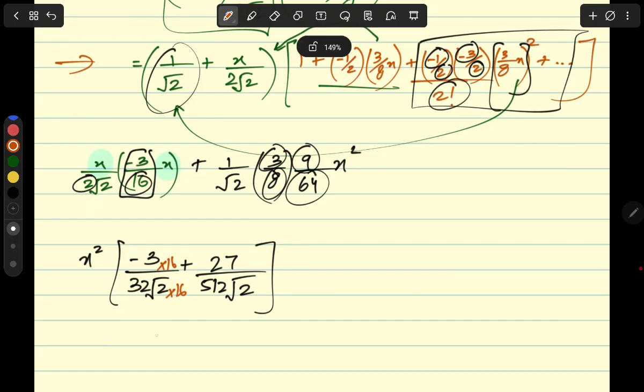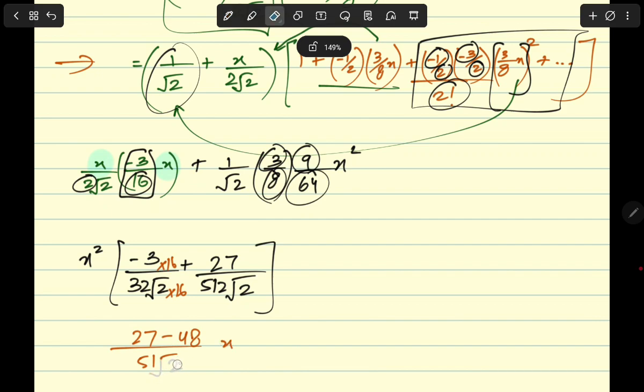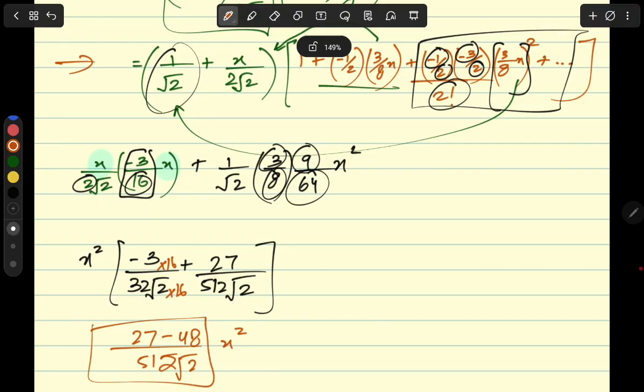So this is going to give me 27 minus 48 over 512 root 2 x squared. So the coefficient is going to be 27 minus 48, that is going to be negative 25. No, or no. So this is going to be 48, 28, whatever that is going to be.